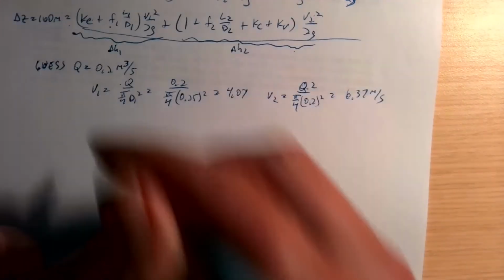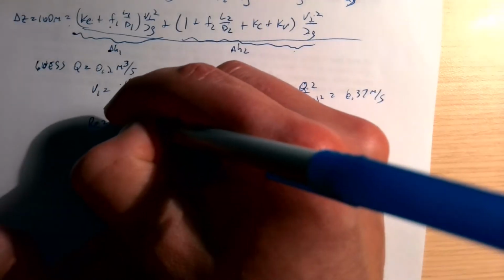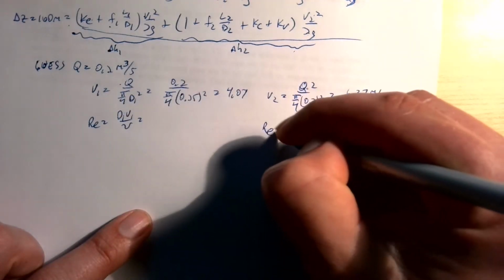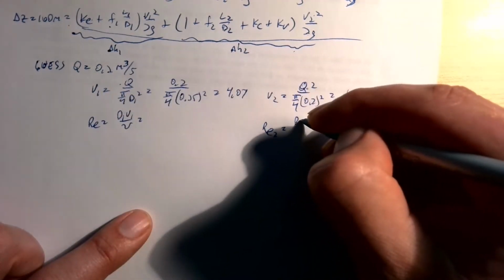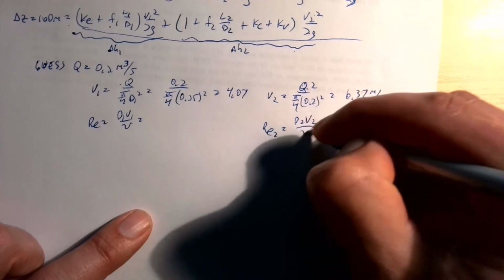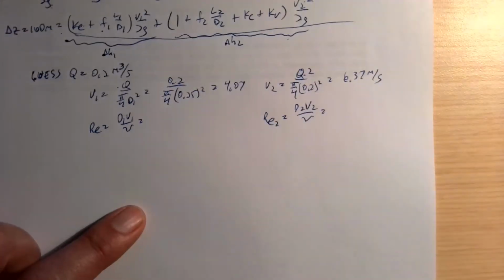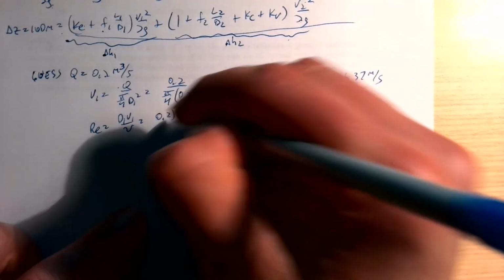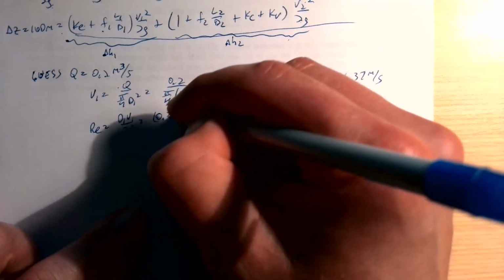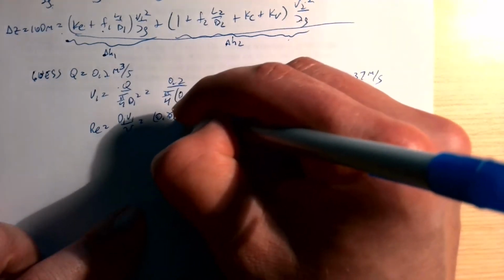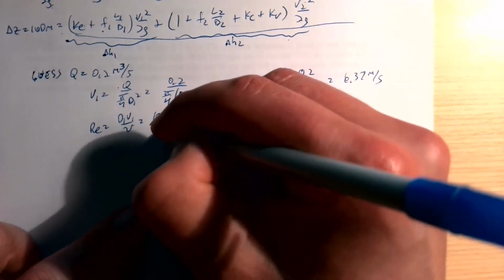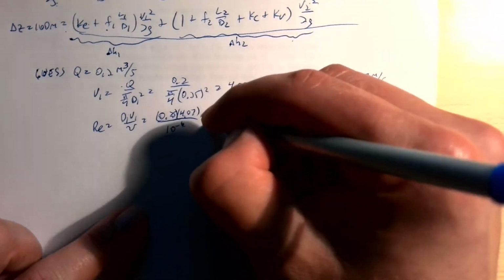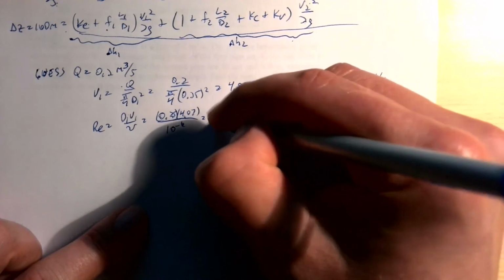Okay. And now I can get the Reynolds number, D1 V1 over nu. And likewise, I can get the Reynolds number for the second. That is 0.25 meters times 4.07 over 10 to the minus 6th, and so I get that it's 1 times 10 to the 6th.